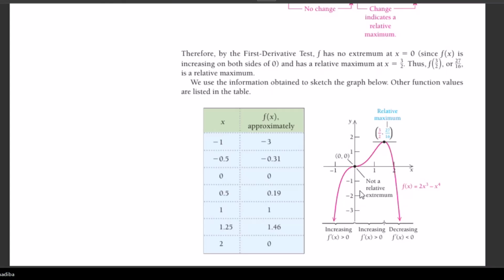If a number from the test values that you substitute in the first derivative yields a positive number, the sign is greater than 0, and that tells us the function is increasing. If it is negative, the sign is less than 0, and the function is decreasing.